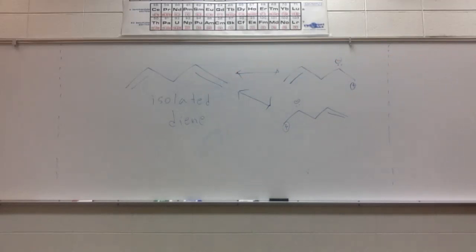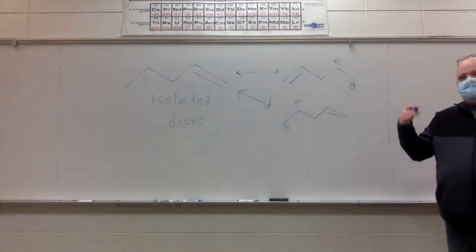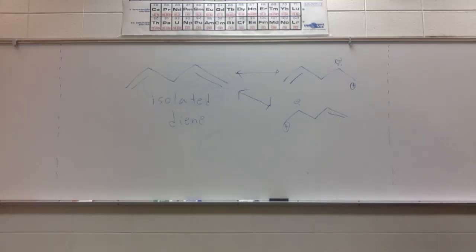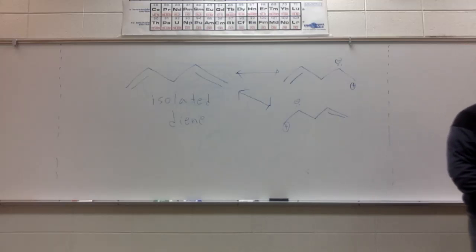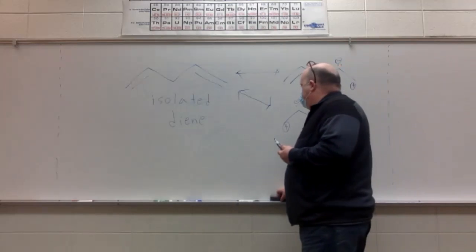So you can have resonance with isolated dienes, but just not as much. And because you don't have as much, they're not as stabilized as the conjugated versions. Okay? Does that make sense? Are there any questions so far? All right.